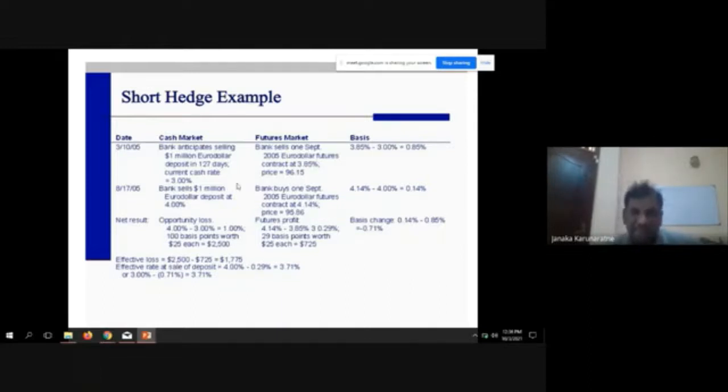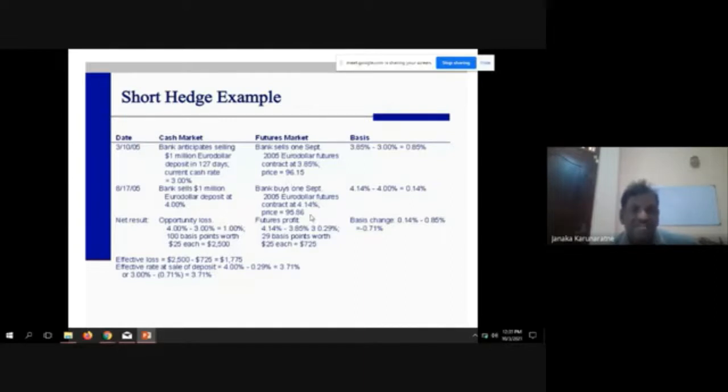In August, I want to raise the deposits, so I buy 1 September contract in August. What is the rate I am going to buy at now? At 4.14, because the cash market rate has gone to 4%.